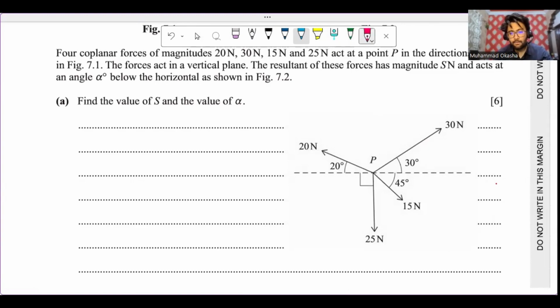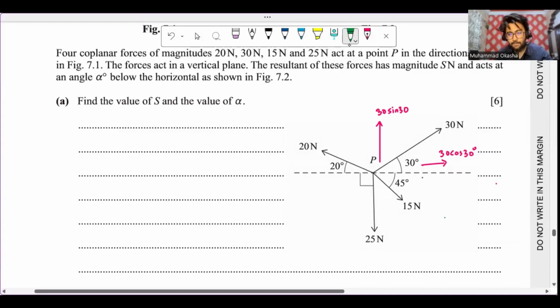The horizontal component of the 30 Newton force would be 30 cos 30 because it's along the angle. The vertical component is going to be 30 sine 30.